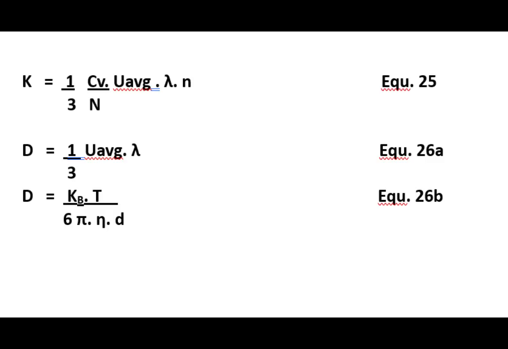A gas with higher viscosity or larger molecules will have a lower diffusion coefficient because it encounters more resistance to movement. This is perfectly illustrated by Graham's law of diffusion. The rate of diffusion of gases is inversely proportional to the square roots of their molar masses.